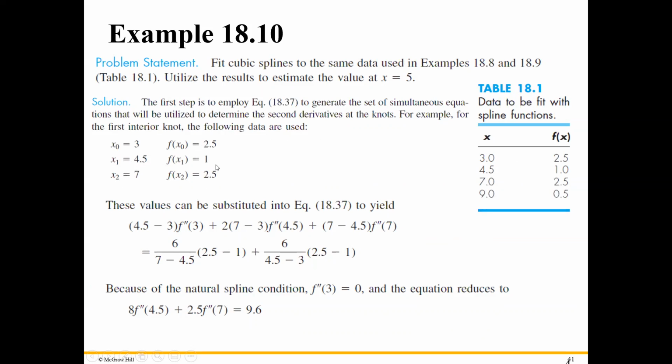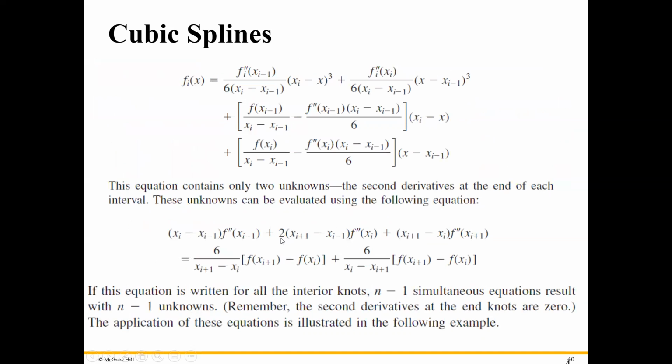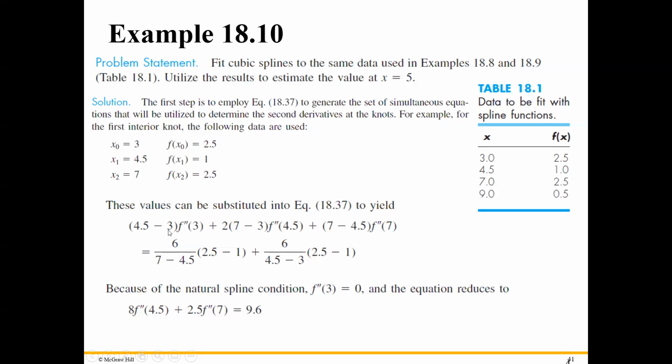So using these values, we can input them into this second equation, and then we will get an equation in terms of f double prime of 3 and f double prime of 4.5.